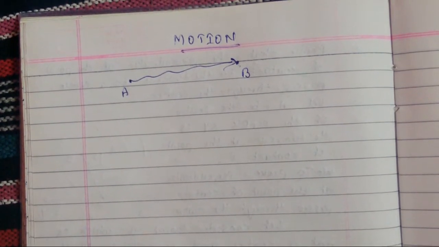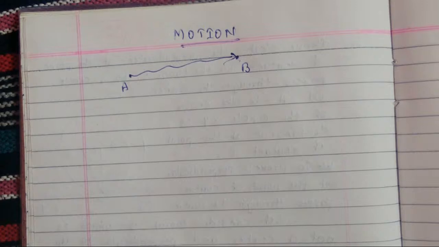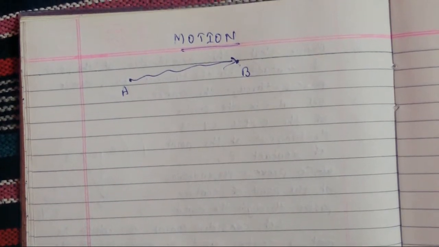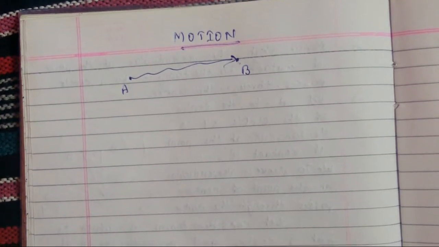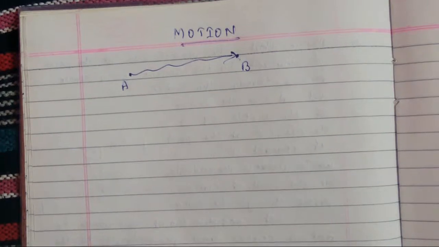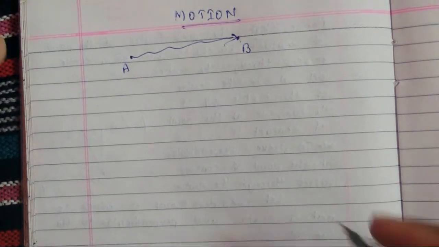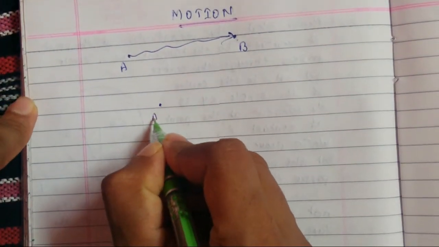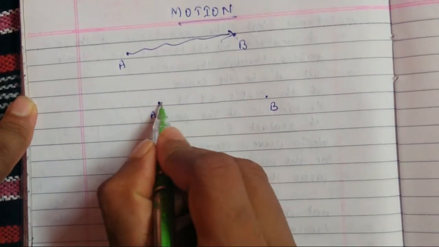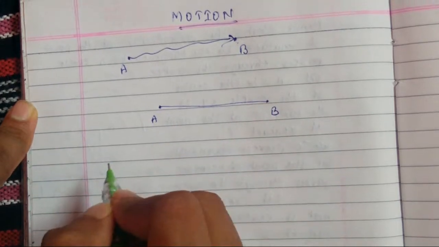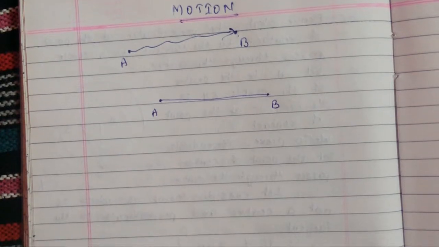When we consider motion, it has two categories: one is distance and the other is displacement. You learned that in the previous class. Just give a small definition of distance. Comment and tell me, what is meant by distance? I will draw the same diagram which you may have learned in the previous class. Point A and point B. This is one straight path which joins point A and point B. Just comment what is meant by distance.